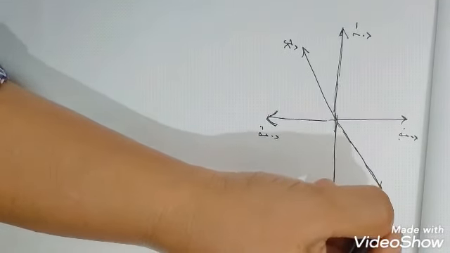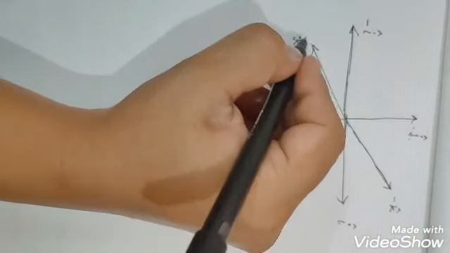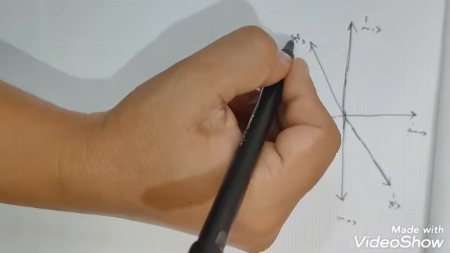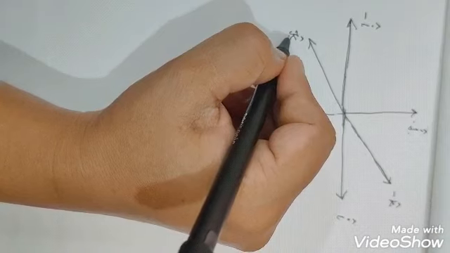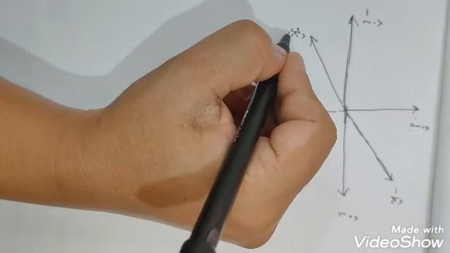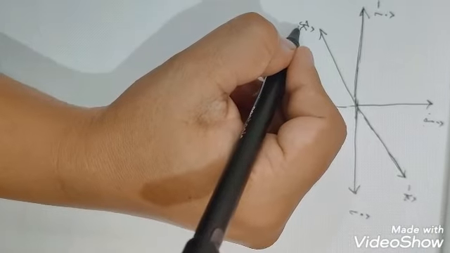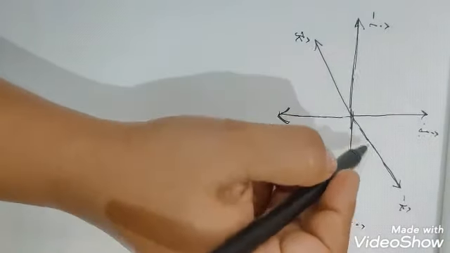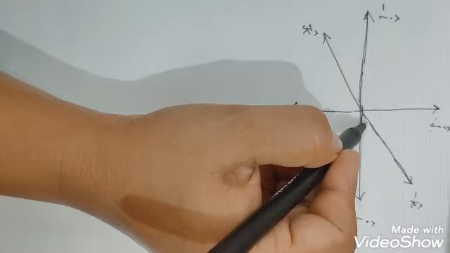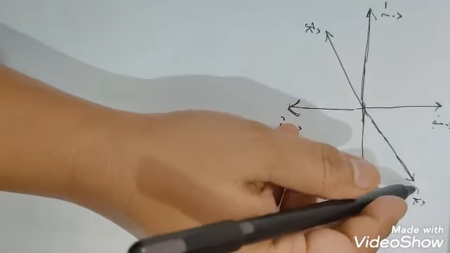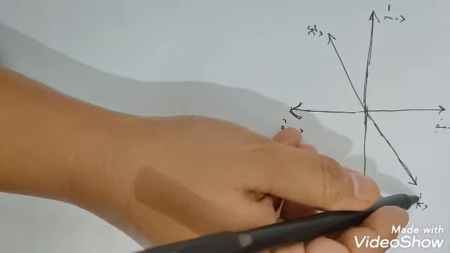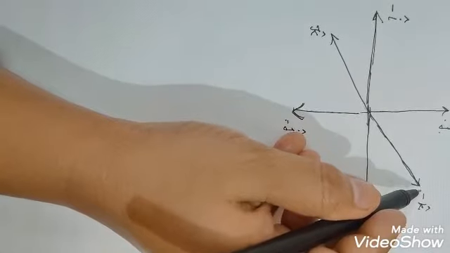If I say k cap, it is a unit vector which has magnitude 1 and direction along the positive z-axis, and minus k cap is the direction along the negative z-axis. So these are the unit vectors along the x-axis, y-axis and z-axis.